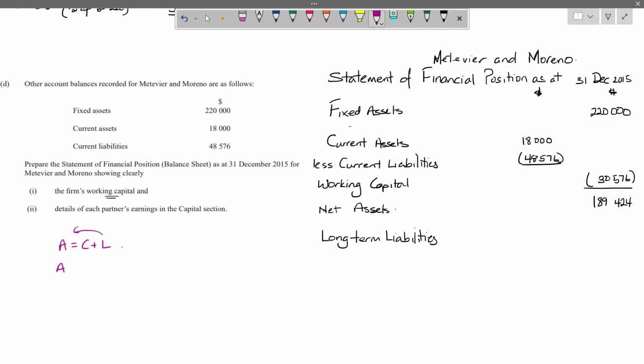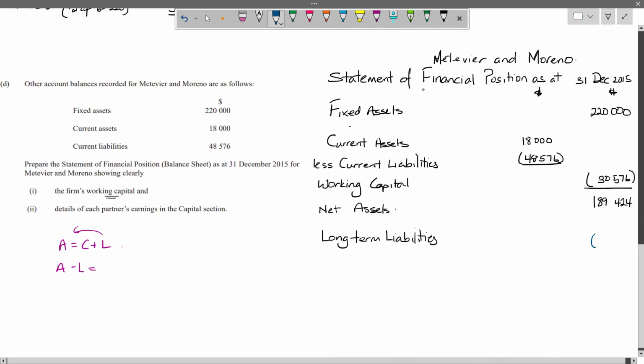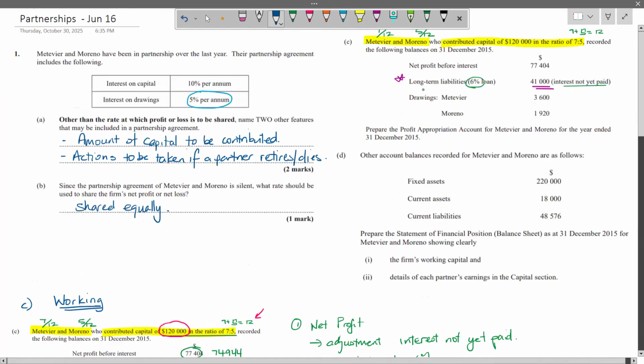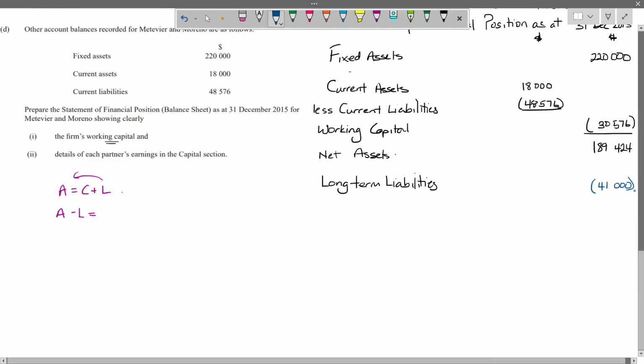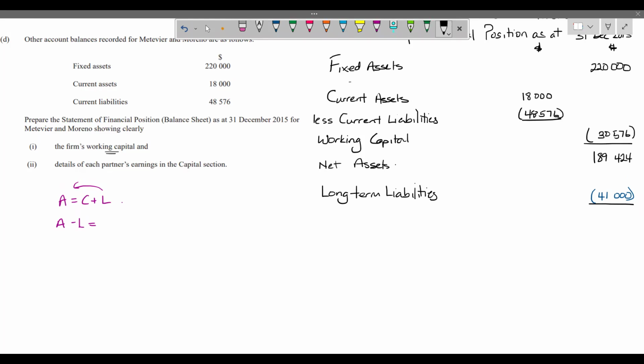So if we move the liabilities across to this side, the long-term liabilities, you have to subtract that figure from our net assets. So minus 41,000, giving 148,424.